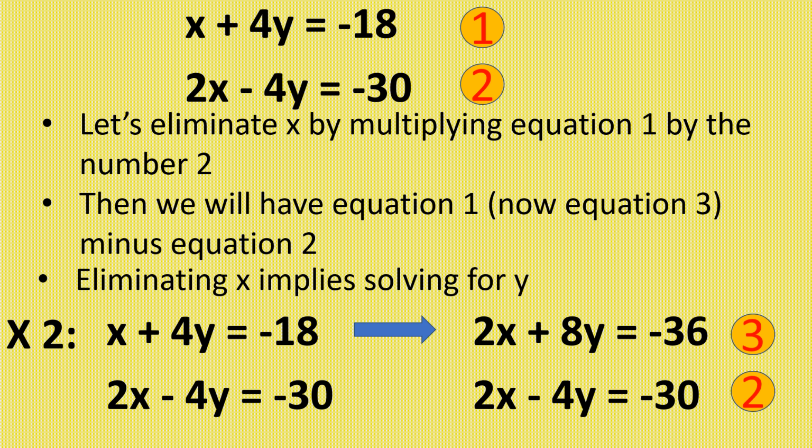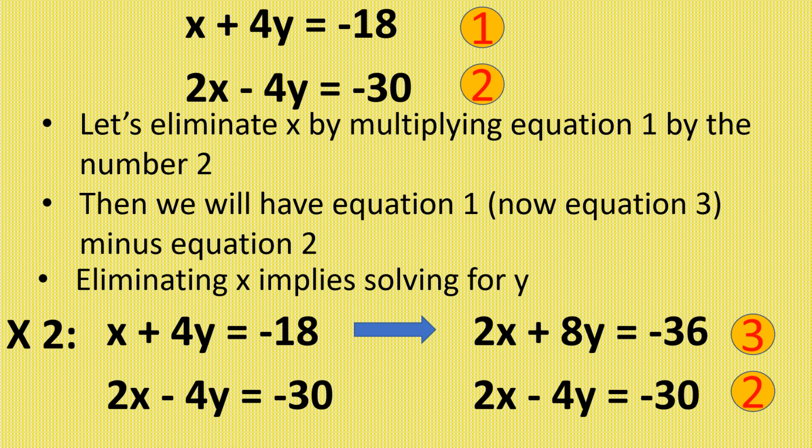By observation, we can see that we have 2x in equation 3 and 2x in equation 2. So how do we eliminate the x? If we subtract equation 2 from equation 3, the x term will be eliminated, because 2x in equation 3 minus 2x in equation 2 gives us 0.